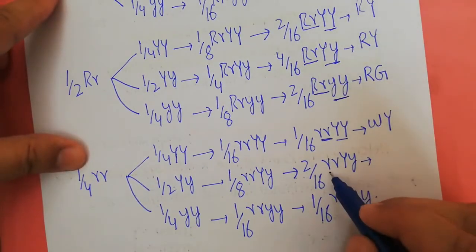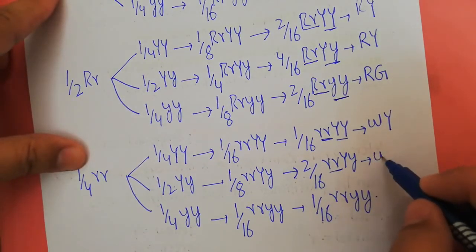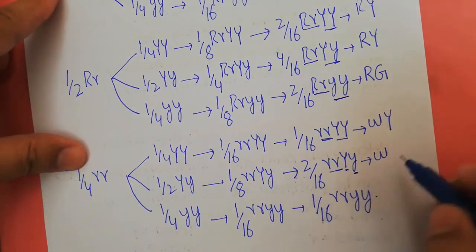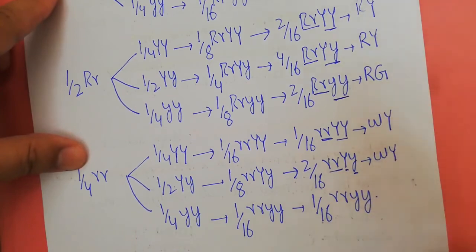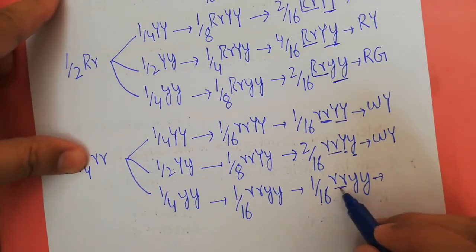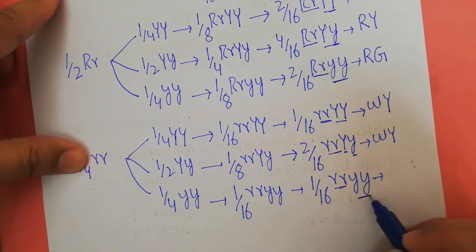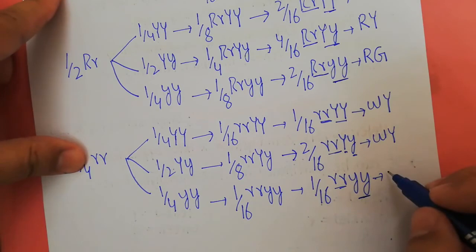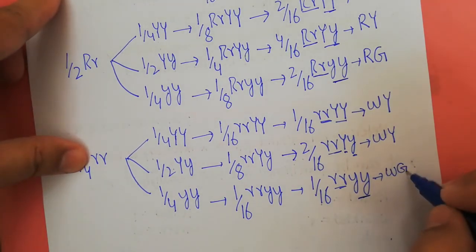This, again, the small r and the small r is showing you the wrinkled shape, but as the capital Y is dominant over the small y, the color will be yellow. If you talk about this one, you have got both of the traits in their homozygous form, and both of them are for the recessive. So this particular offspring will be wrinkled, and green.